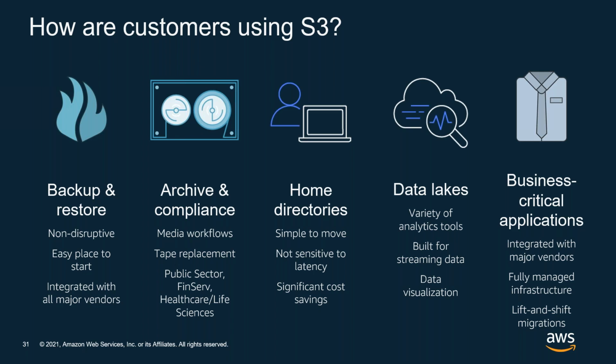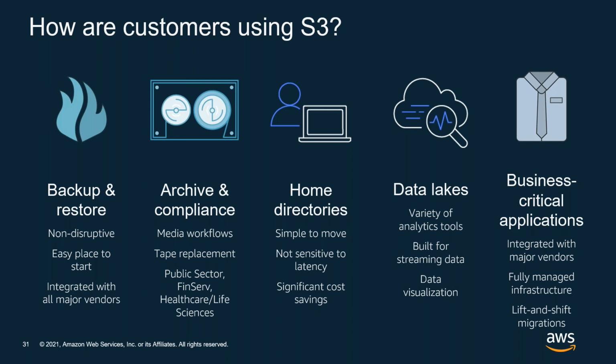It's not really intended to be a direct replacement, only for use cases where you want to use that storage in native file format in S3 itself. It's good for hybrid scenarios where you might start migrating not just your data but your applications to AWS, and you want a consistent place for them to sit, using both a file interface and an object storage interface. That's where I see that.